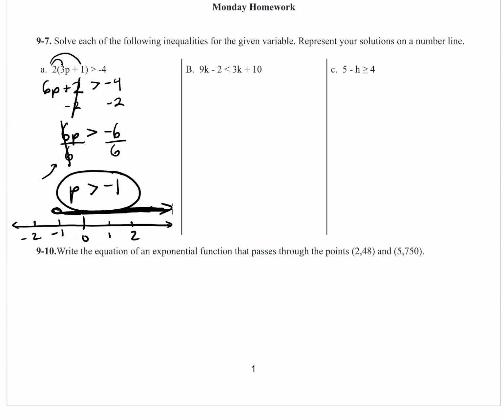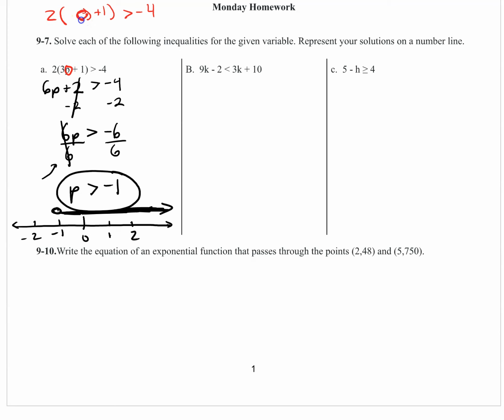Now a way to actually test your answer is to go back to the original inequality and try plugging in 0 for p. So if we plug in 0 for p, we have 2 times (3 times 0 plus 1) greater than -4. 3 times 0 is just 0.